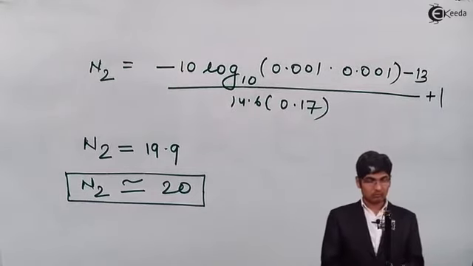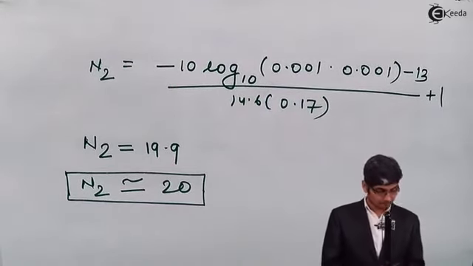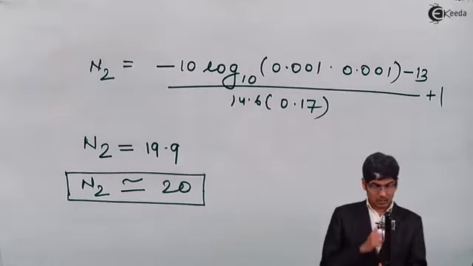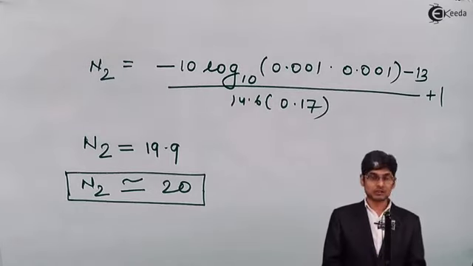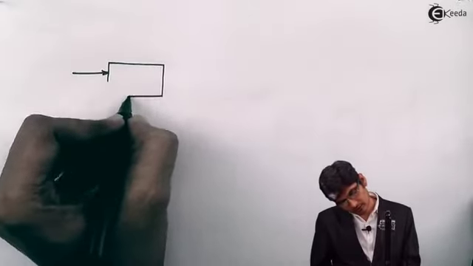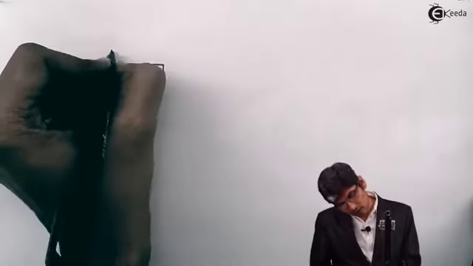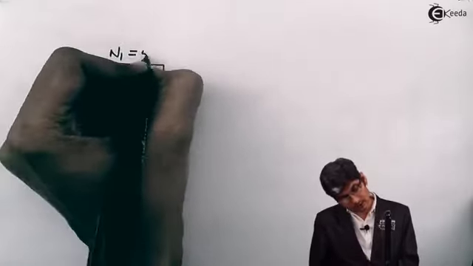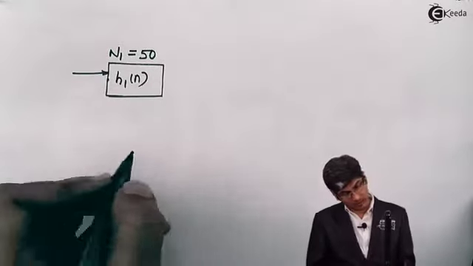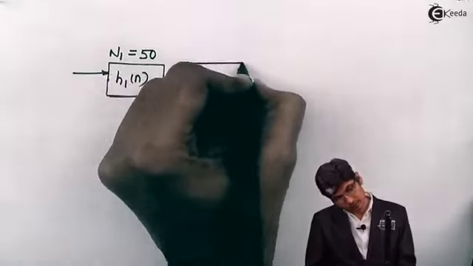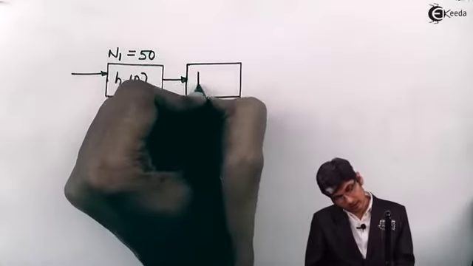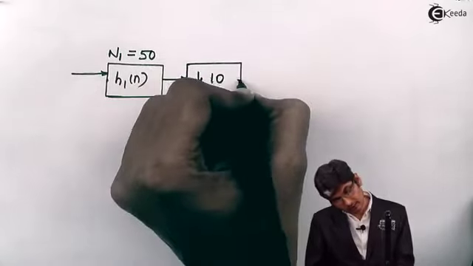So this is how we normally design a two-stage structure. Now if I draw the whole structure again, I have the input x of n going into a filter h1 of n, and the order of this filter is N1, which is 50. Then I go to the next stage with a downsampling rate of 10.